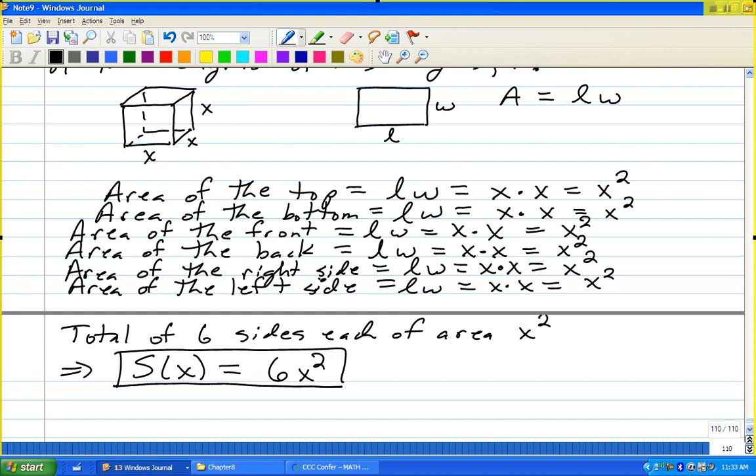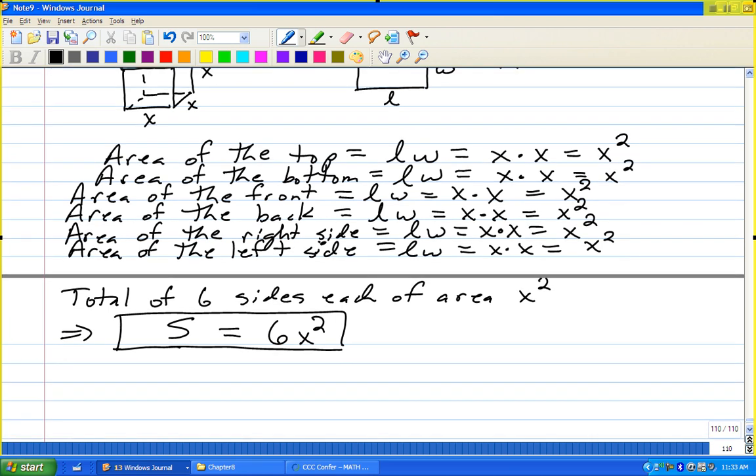And we write the fact that this variable, S, the dependent variable, depends on this independent variable x. And so we write this in, well, let me do it 2 ways. Let's just write it as the surface area is equal to 6x squared. So this is my independent variable, and this is my dependent variable.